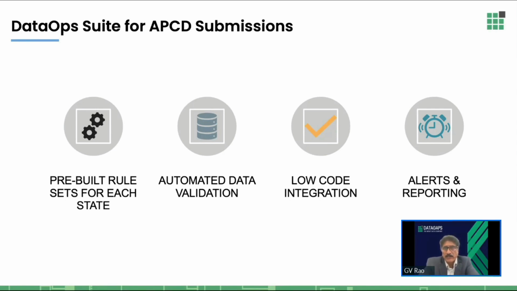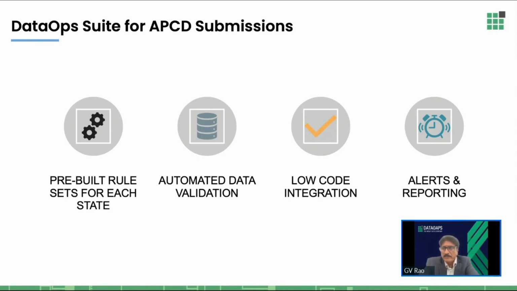And how do you actually get an alert? How do you report the data? The alerts are needed when there are mistakes in the data, when probably the data is not being reported in the right way, or the first set of data that is coming through. How do we do that?